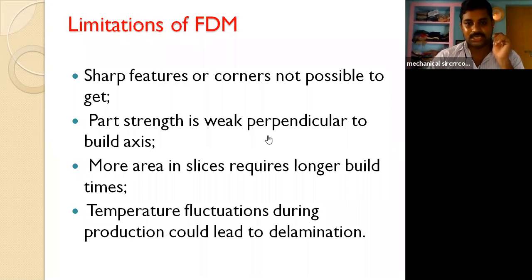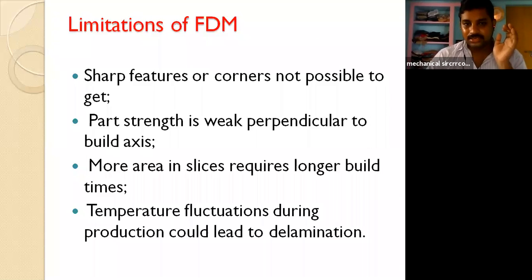And part strength is weak perpendicular to the build axis. The part which is placed perpendicular to the build axis has weak strength. For such kinds of components, we have to first verify what strength is to be maintained.